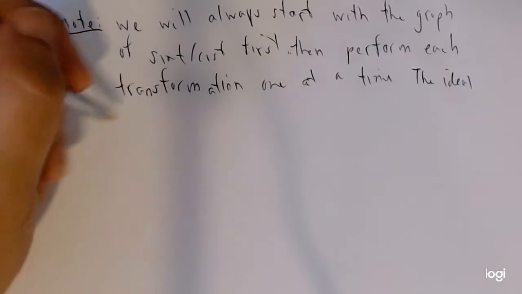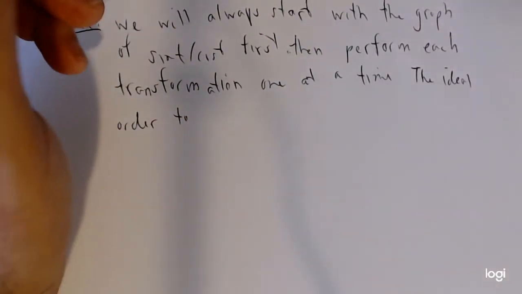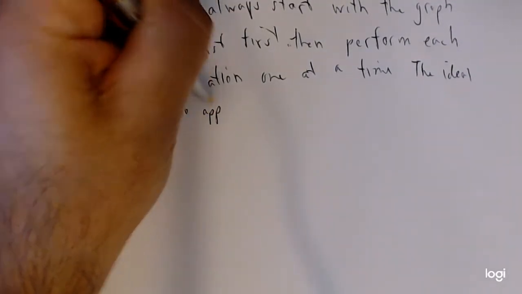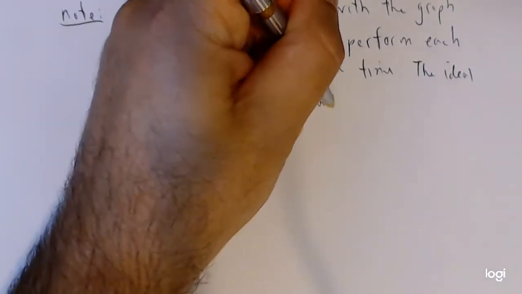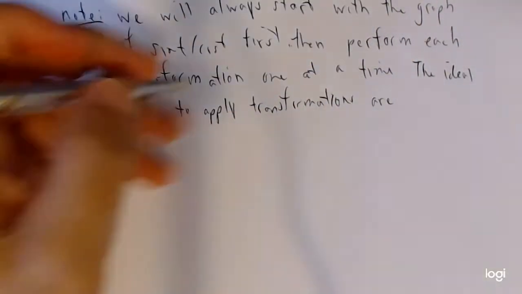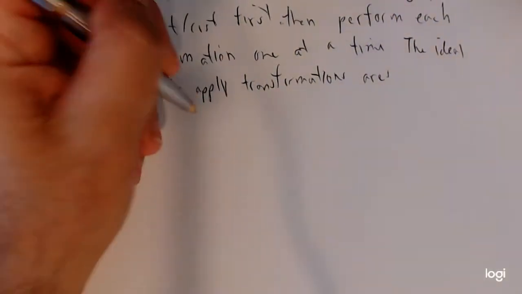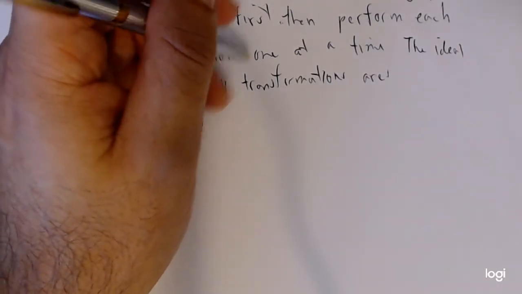Now, notice how I'm calling this the ideal order, because there is no official way to follow it. This is what I follow. You don't have to do it this way, but I think this is probably the best way to approach this so we don't make any mistakes.